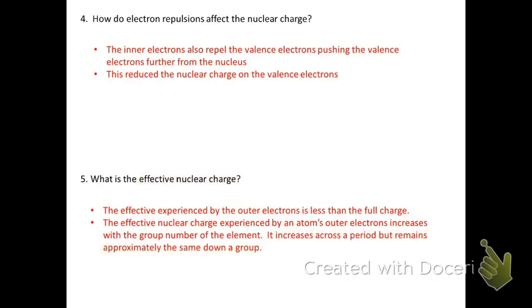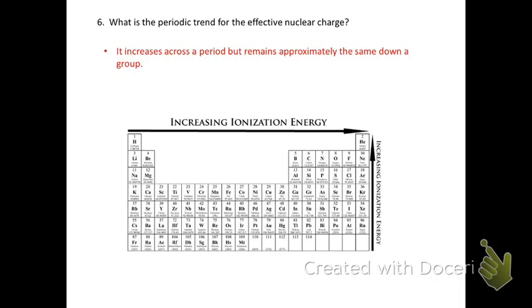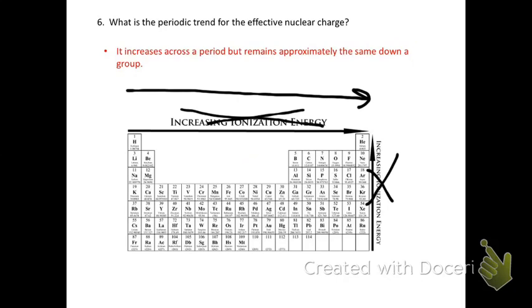So if we look at this a little closer, what is the periodic trend of effective nuclear charge? First, look at this periodic table. Ignore the ionization energy there, just ignore what that says. What we want to say is simply, as we go across the periodic table left to right, the effective nuclear charge increases.